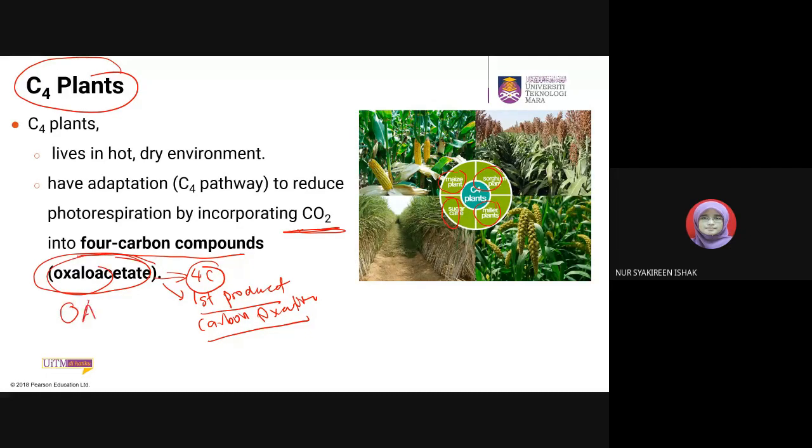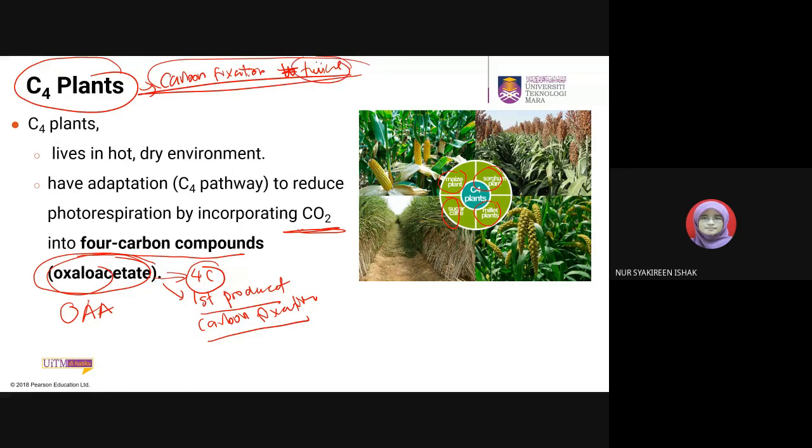The first product of carbon fixation is a 4-carbon compound, oxaloacetate. I will short form it as OAA lah, as I explained throughout the notes. Untuk C4 plant sebenarnya dia akan undergo carbon fixation twice.